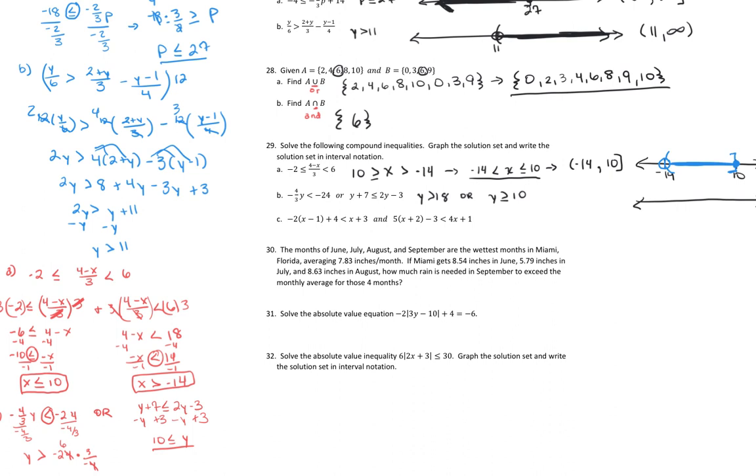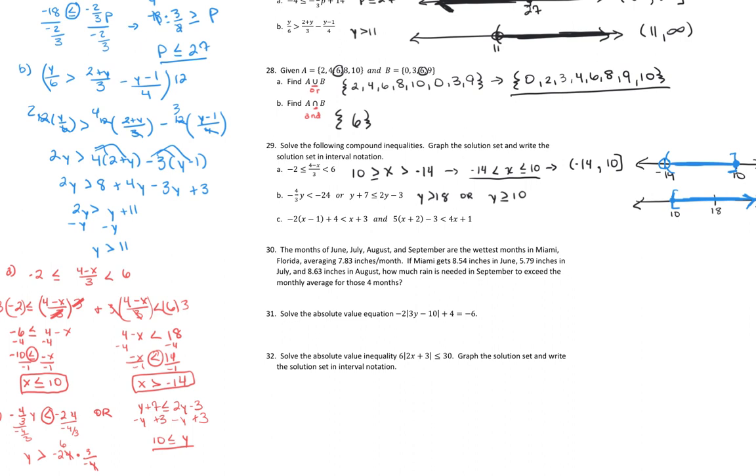If we were to graph this on a number line, we would have 10 and we would have 18. And it can equal 10, so that would be a bracket. And it's everything to the right of it, which includes that 18.